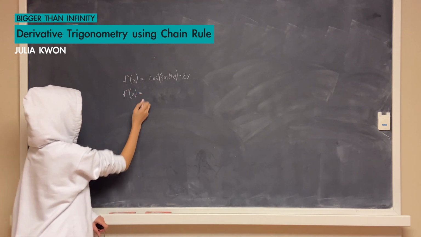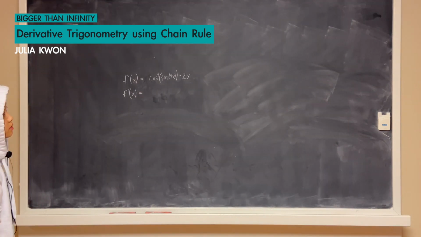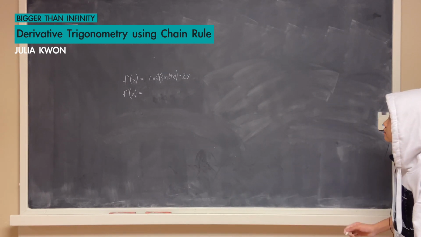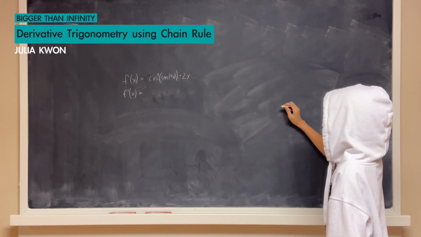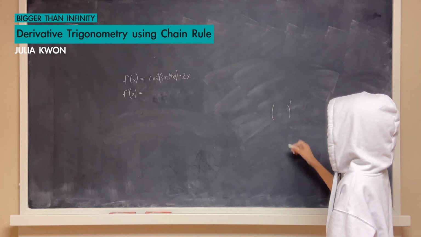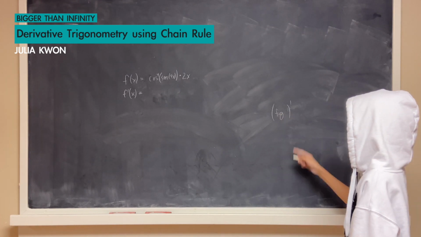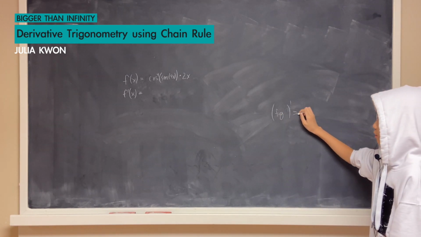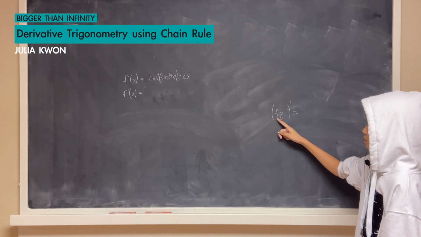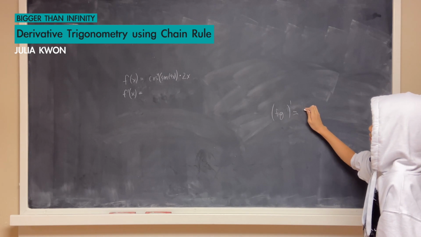Now I would also like to just explain what the product rule is. The product rule is used when you are multiplying two things together, like f and g. Then we would write the derivative of one of these. I'll choose the f first.